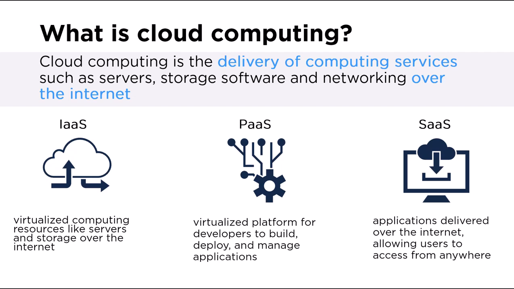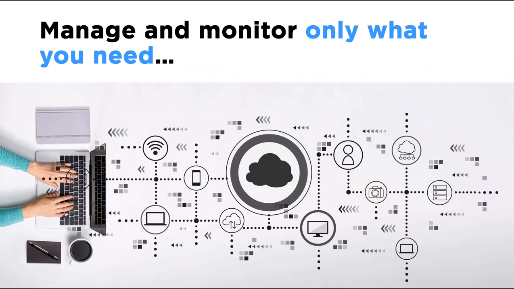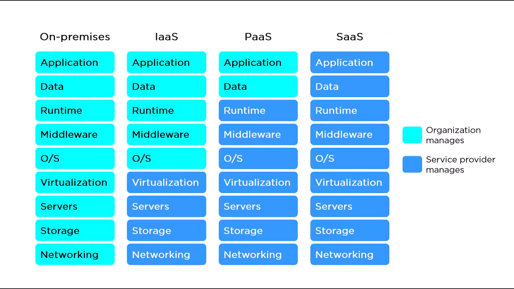So in short, when you are migrating to the cloud, you only manage and monitor for what you need. So what does that mean? On-premise, you're managing the application, the data, runtime, middleware, operating systems, the virtualization, servers, storage, and network. So you have the total cost of ownership.